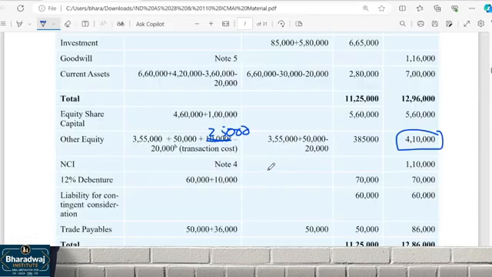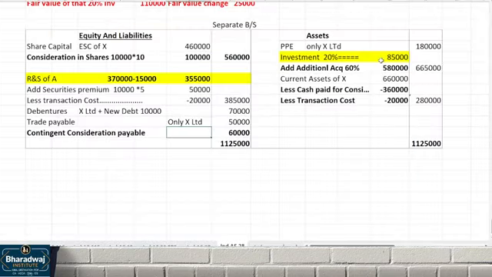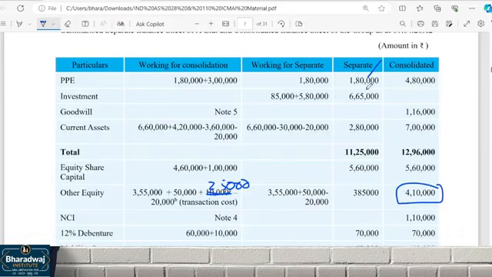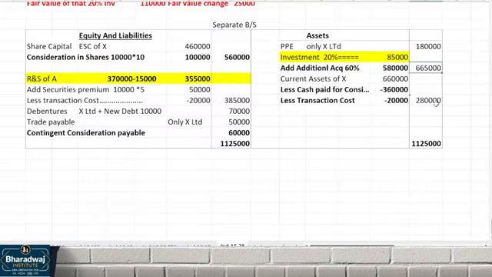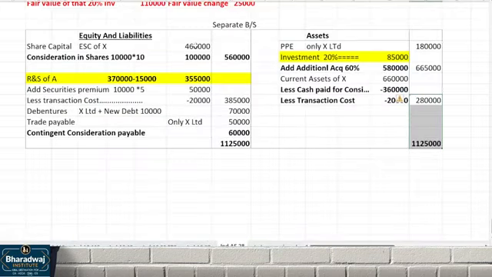They would have given the same working pattern. PPE 1,80,000. Then investment, how much? 6,65,000 they have taken. Current assets after eliminating the transaction cost and consideration, 2,80,000. Equity share capital is the same, 5,60,000.